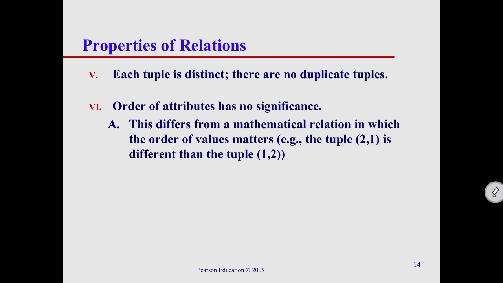So a relation with attributes A1 and A2 was different from a relation where the attributes were in the order A2, A1. That's not true in a relational database. The order of the attributes has no significance. So these two relations would be considered the same relation.